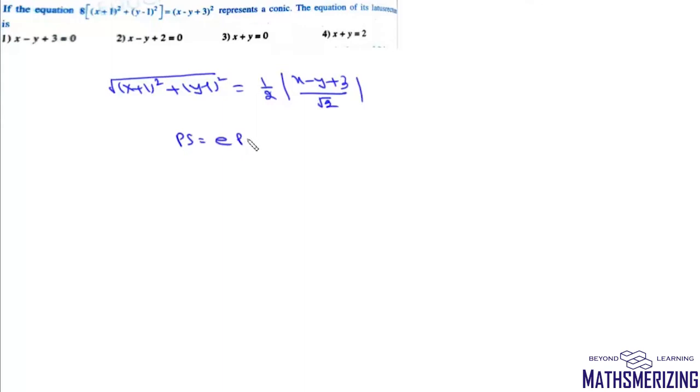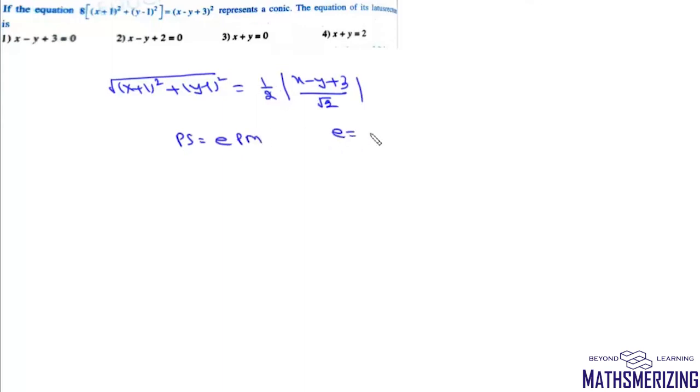Now the question is, if the equation 8 into (x plus 1) square plus (y minus 1) square equals (x minus y plus 3) whole square represents a conic, then the equation of its latus rectum is. We can write this equation as under root of (x plus 1) square plus (y minus 1) whole square equals 1 upon 2 into (x minus y plus 3) upon root 2, which is the same as PS equals EPM.